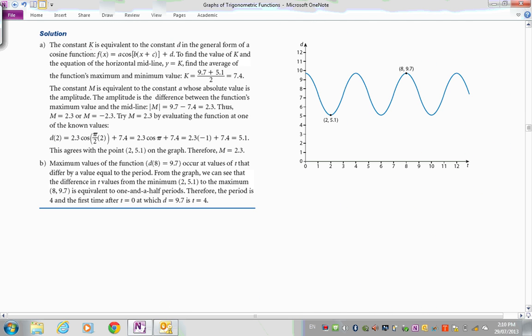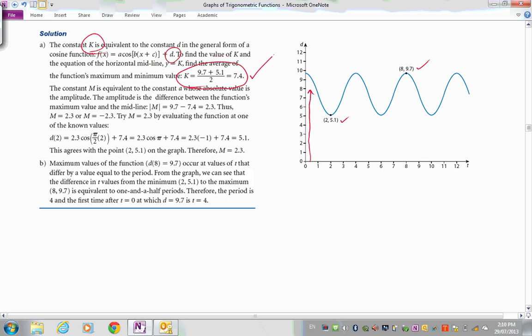The constant k is equivalent to d in the general form. What does that mean? Well, equivalent to our y translation. So how far up have we gone to the mean position? Where is the mean position? Here it's, if you like, halfway between the maximum and the minimum y value.